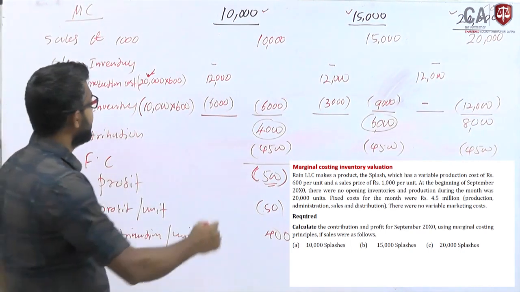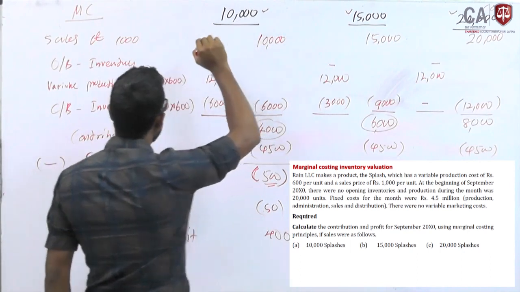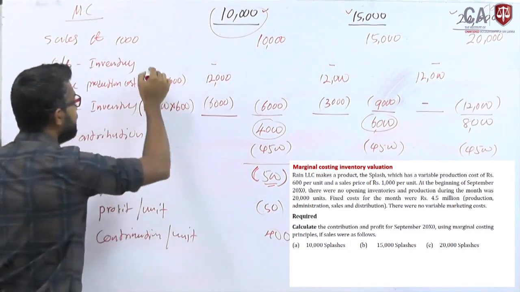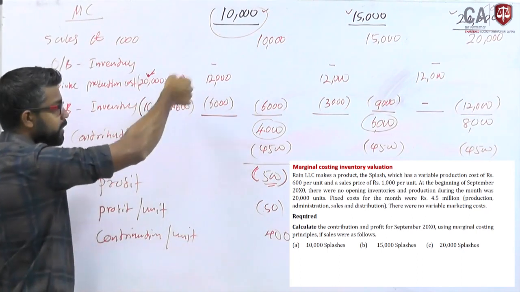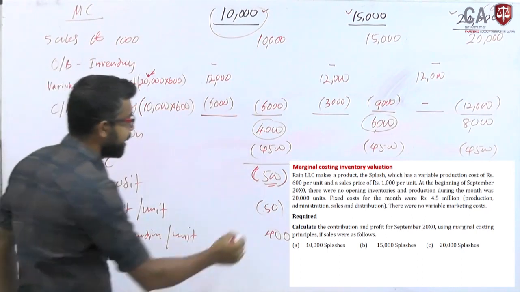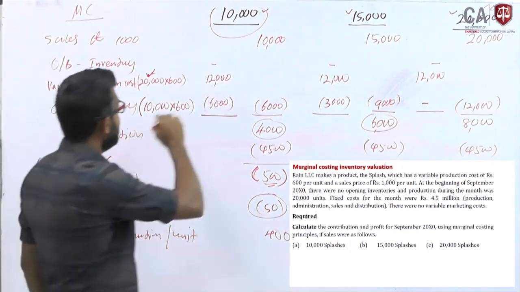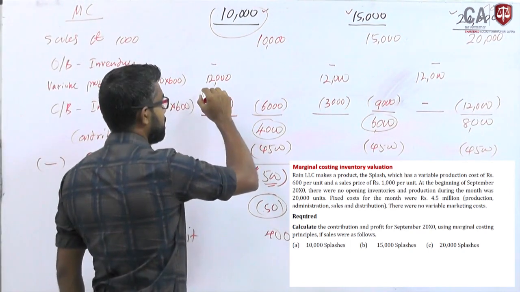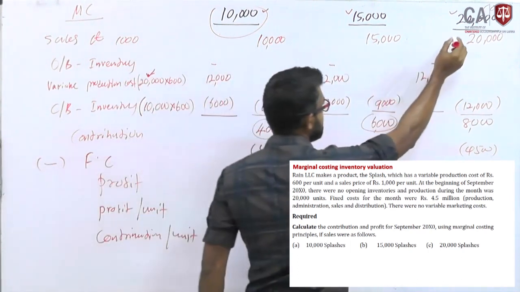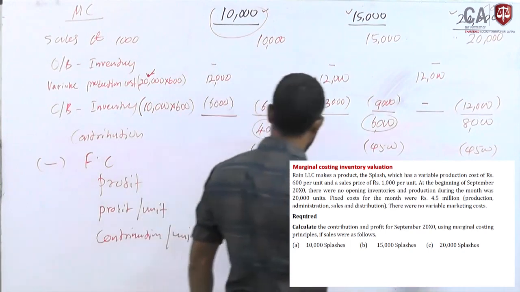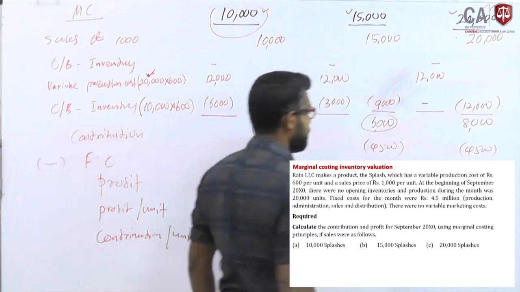But when you make fewer sales, 10,000 compared to production, which means 50% of the production you have sold, you are making a loss. If you sell the entire production, you will have higher profit per unit.